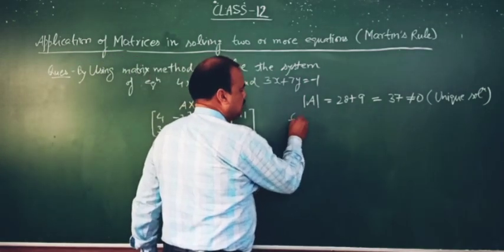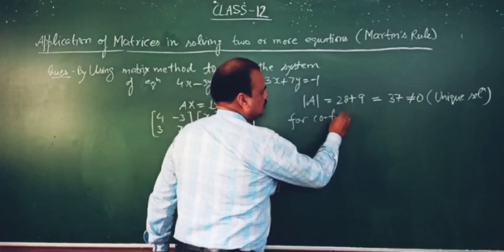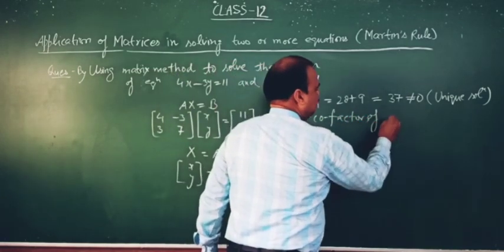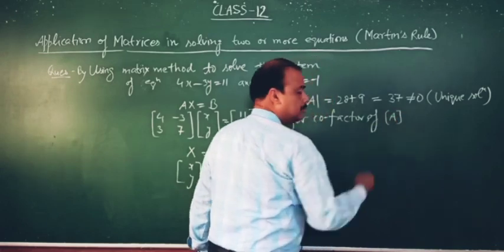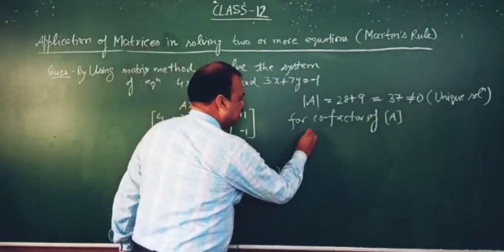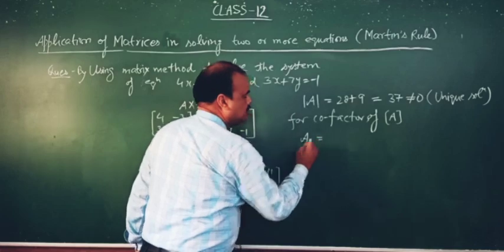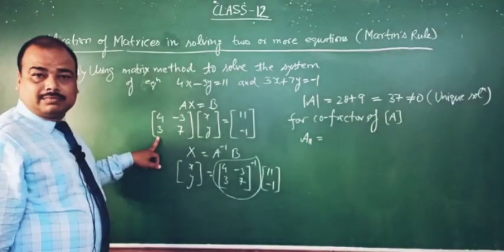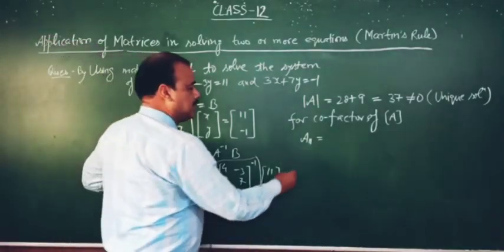For the cofactors of matrix A, A11, first row, first column, is 7.